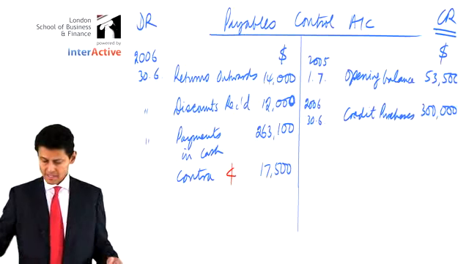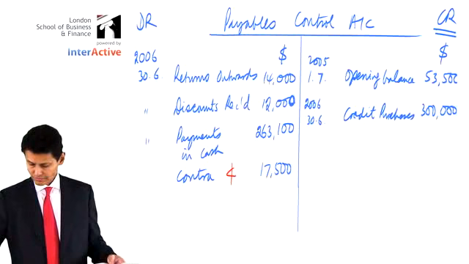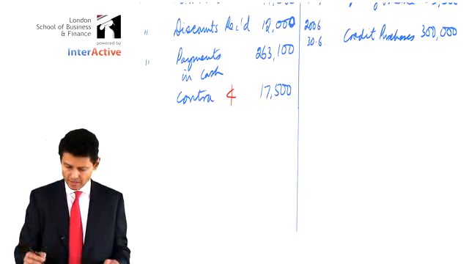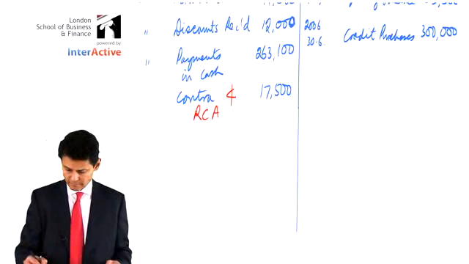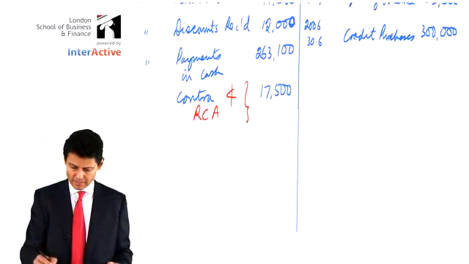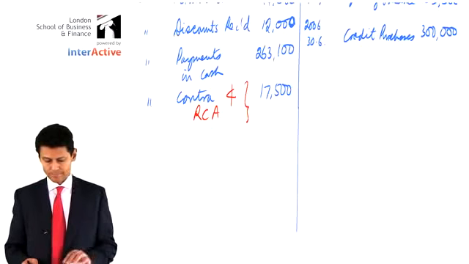And I need to cancel some of the RCA value. This is, of course, the PCA. So I'll say RCA. Strictly, that is the double entry. And so that becomes the end of the year item.